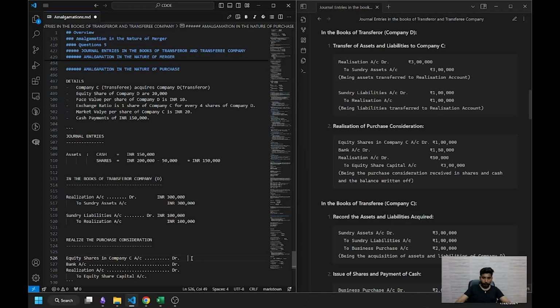Okay. And here the amount will be INR rupees 1 lakh, which is the equity shares which we have considered above.